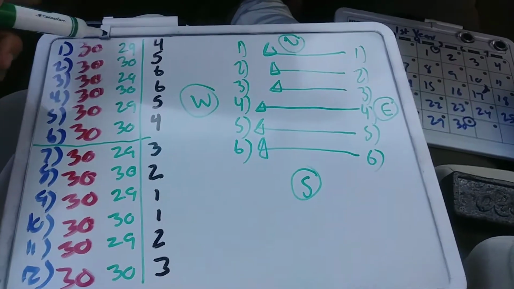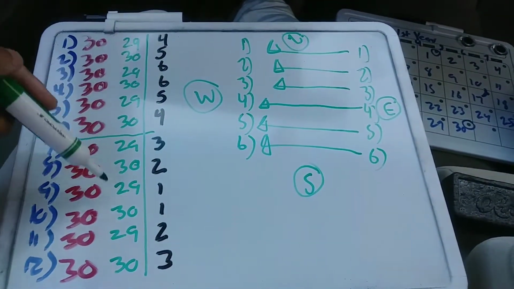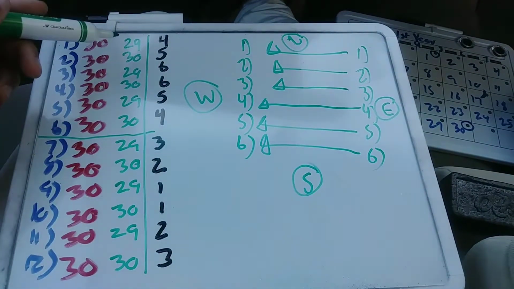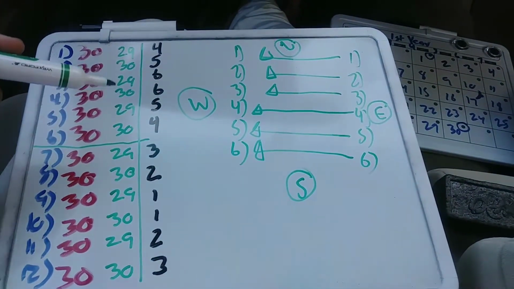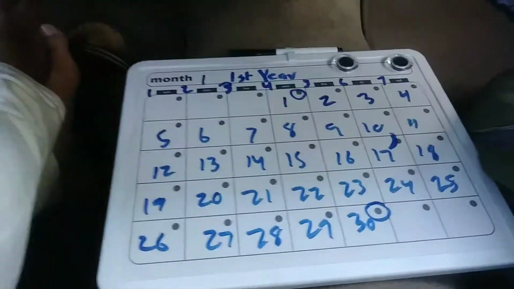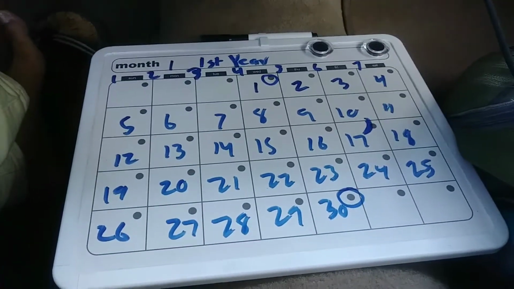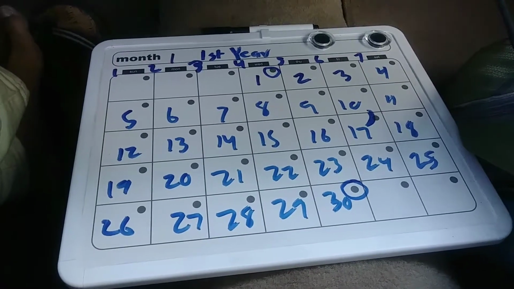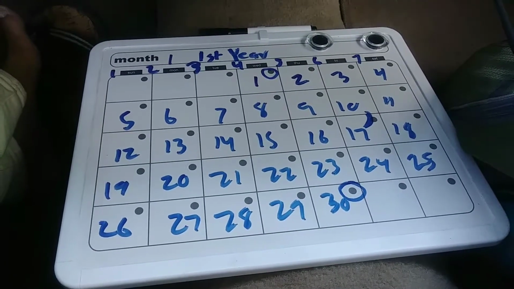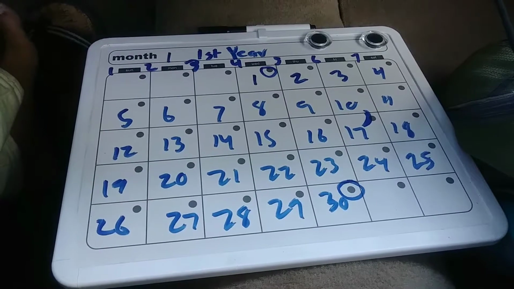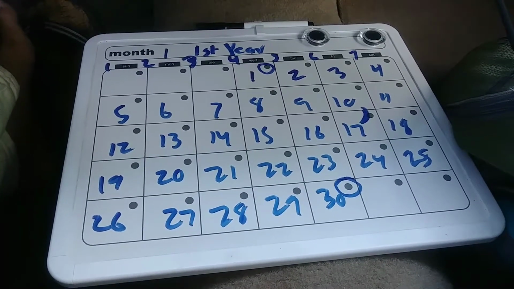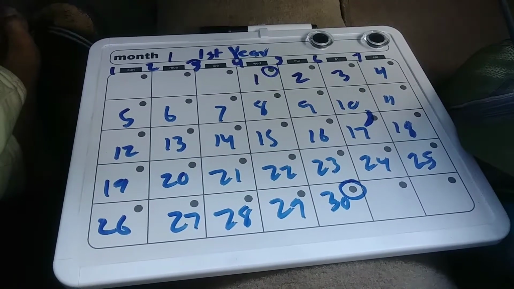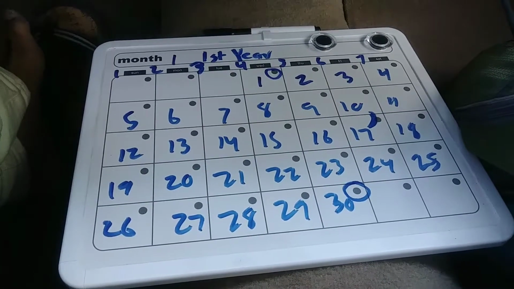Now, the reason why I have the days of the moon alternating 29, 30, 29, 30 is because, going back to our other whiteboard here, the moon is known as a great light. And the only phase of the moon which would demonstrate it being a great light is when the moon is full.